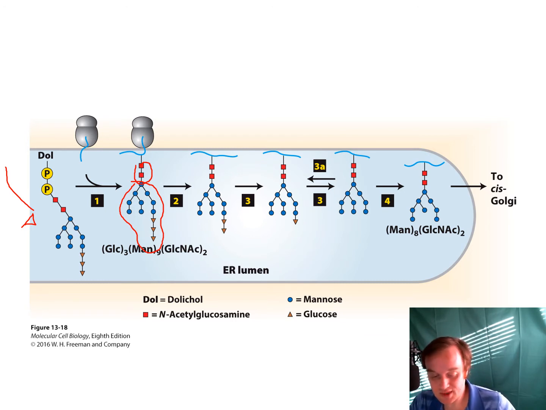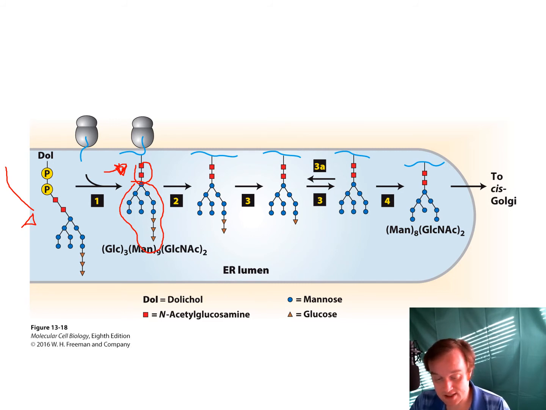Then in step 1 here, I guess 1 going to 2, the oligosaccharide is transferred to the growing nascent amino acid chain. So it's while this chain is being created, or translated, in the ER lumen.